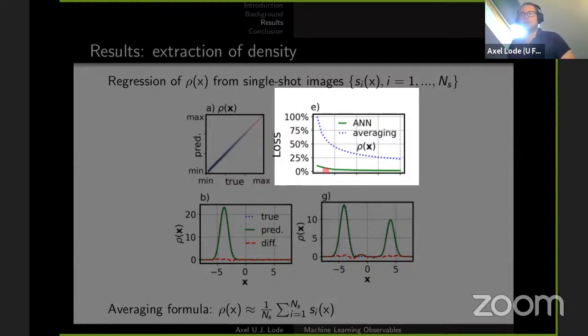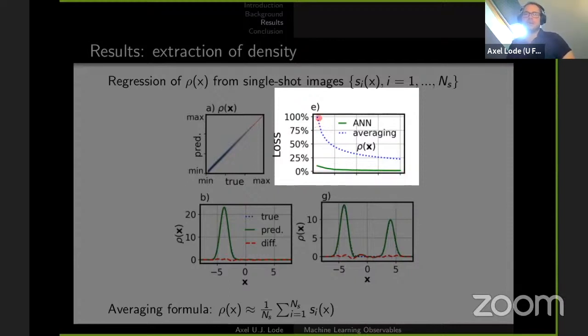The horizontal line in this graph is the number of single shot images that were used for the regression, and the axis extends from 0 to 200.